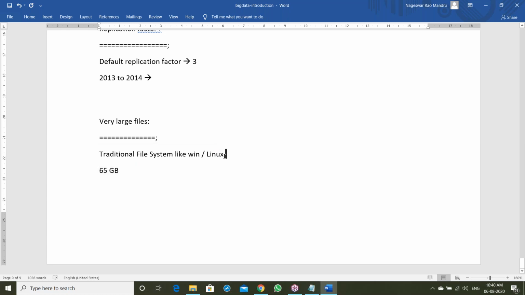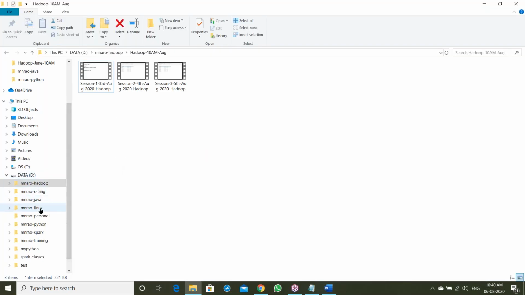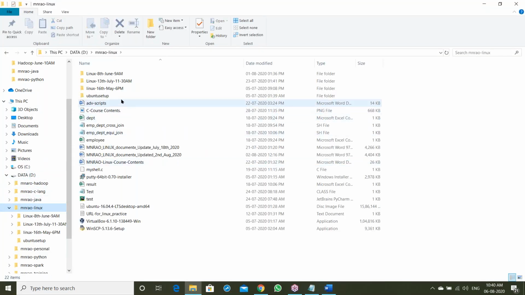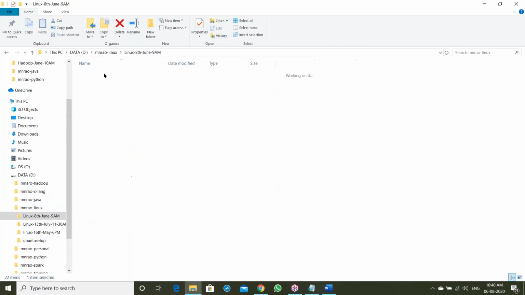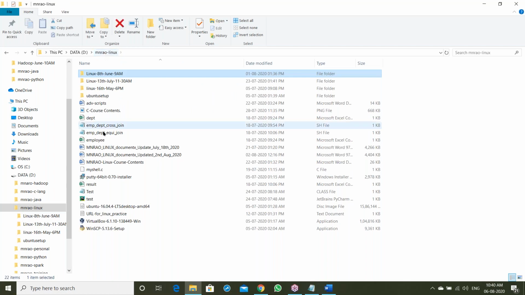Behind this is the inode concept in Linux. In an inode there is an array of 13 pointers. Using that, the maximum size of a file that can be created in Linux is 65 GB. One second, I'll show it in my Linux document.